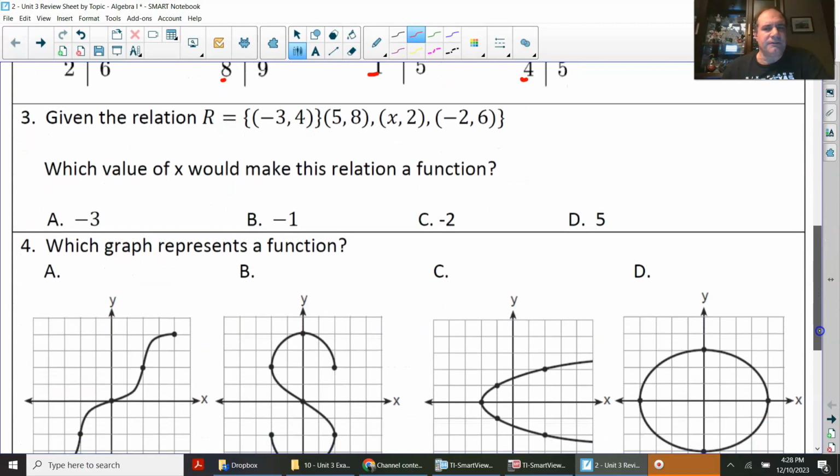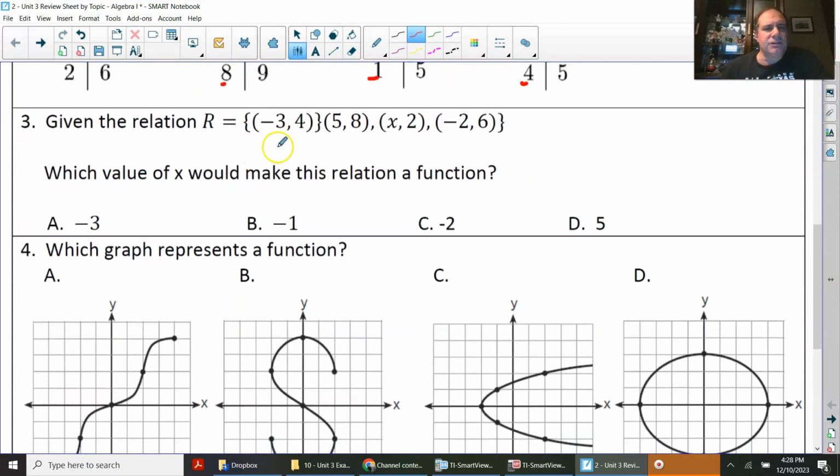A is your answer. Given the relation -3, 4, 5, 8, x2, -2, 6, which value of x would make this relation a function? So if you put -3 in for x, that means -3 would be the output of 2, and a -3 can't have an output of 2 and 4, so that would be out. -1, if you put -1 in, yes, that would work.